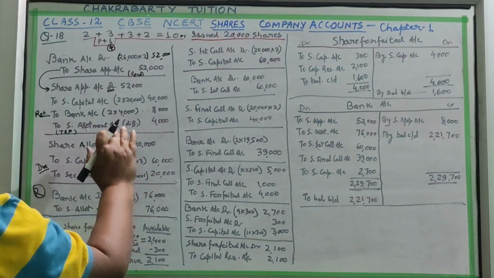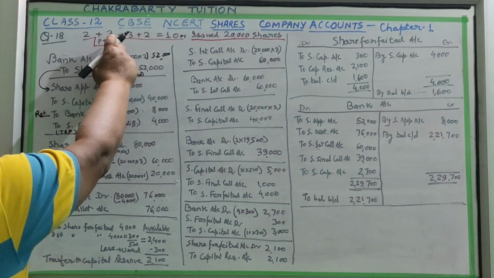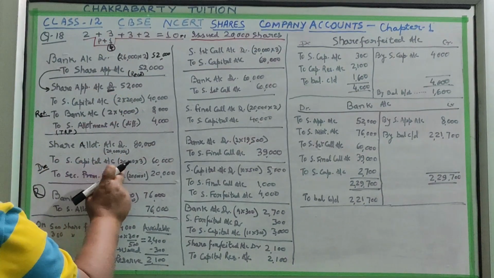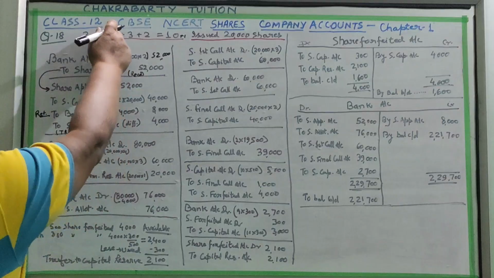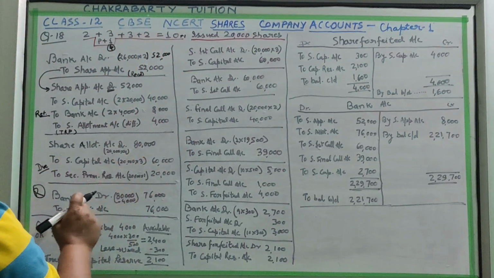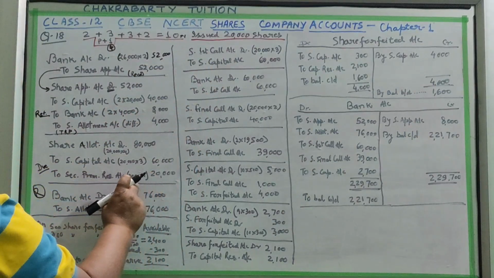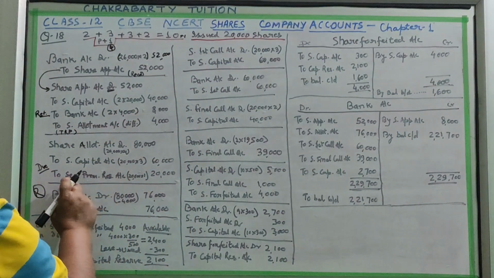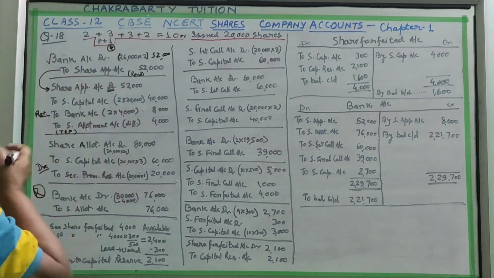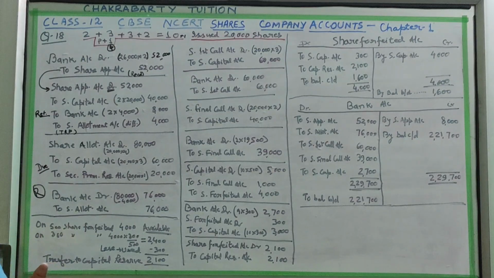The 80,000 rupees will be bifurcated among capital and premium. So share capital account will be credited with 20,000 into 3, which is 60,000, and the rest, 1 at the rate of 20,000, 20,000 into 1, will be transferred to securities premium reserve account. Whatever premium we receive is kept in securities premium reserve account.